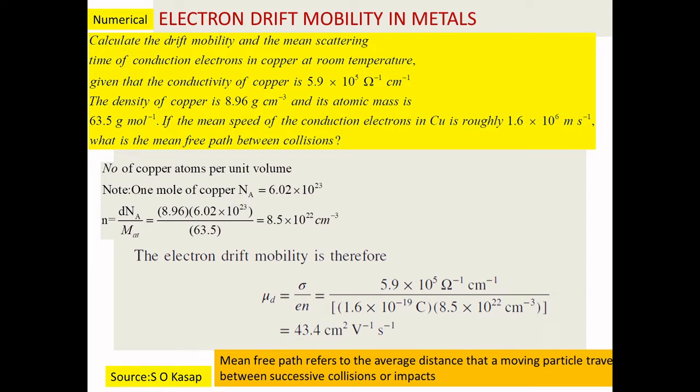The conductivity is given in the problem as 5.9 × 10^5, the charge is 1.6 × 10^-19, and n is 8.5 × 10^22. If you plug in all the known values, you will get a mobility of 43.4 centimeters square.